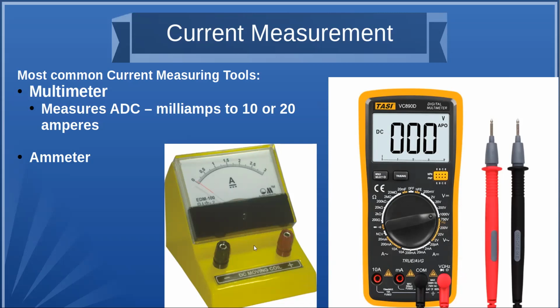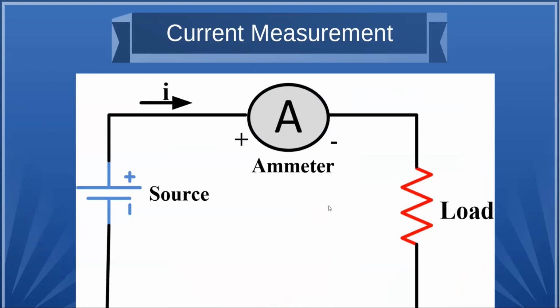You might use it in breadboarding circuits and stuff to measure currents. When you use an ammeter, you put it in the circuit. Whereas when you're using a voltmeter, you're going to measure the voltage across the battery or across the load. To measure the current, you have to have it in the circuit to measure the current through.